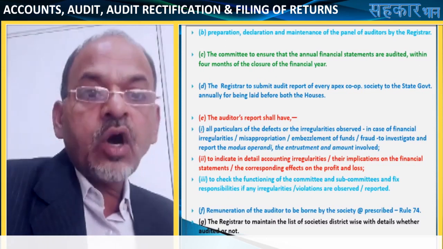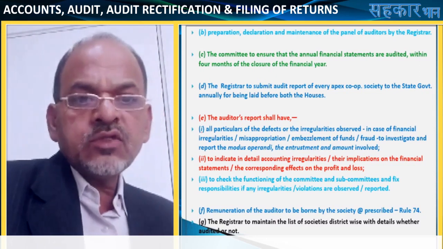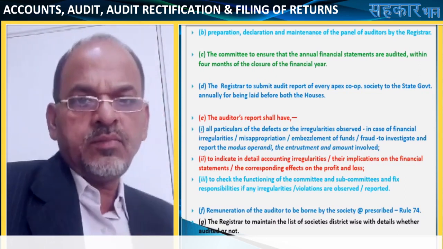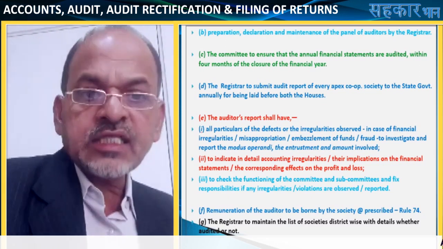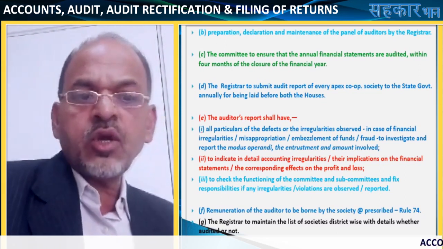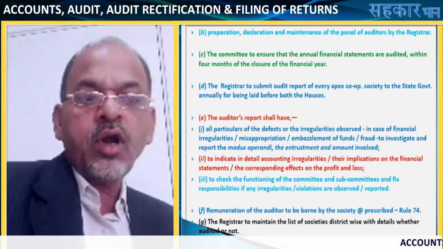Next provision, that is remuneration of the auditor to be borne by the society at the rate prescribed. Now, regarding this there is a provision in rule 74 as well.